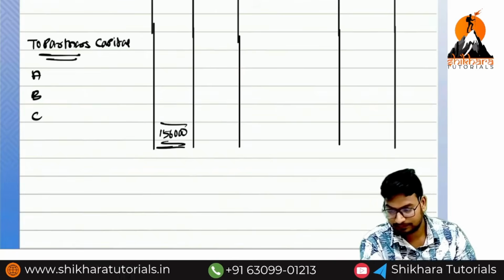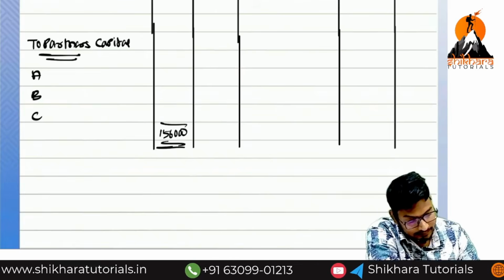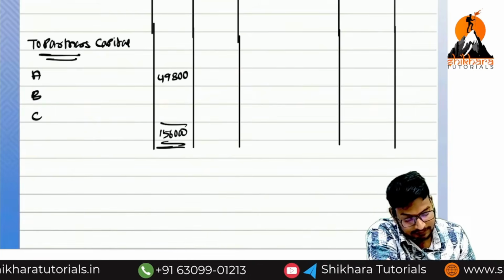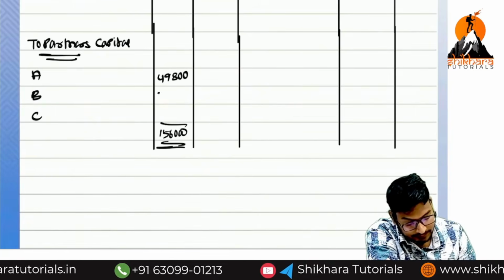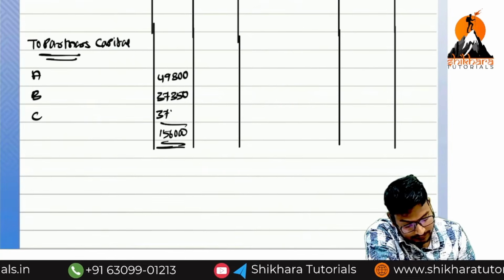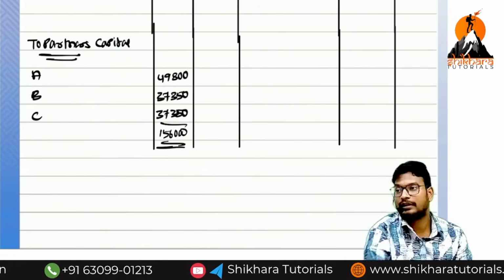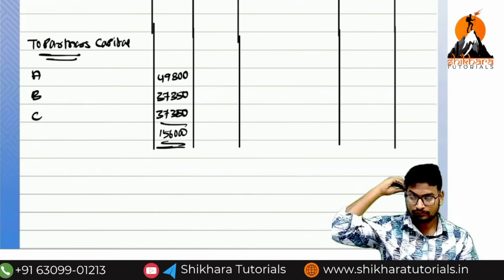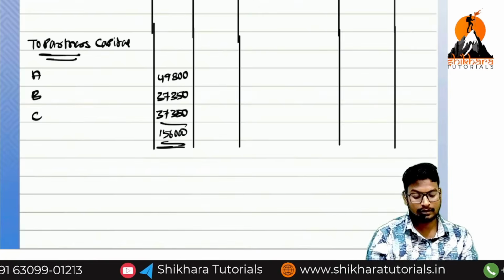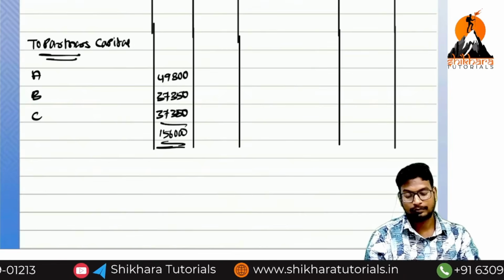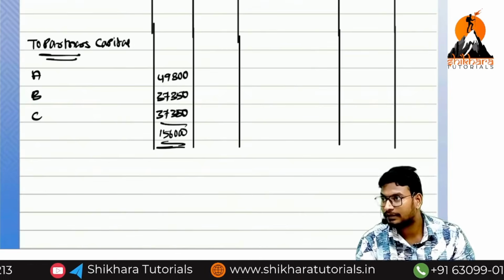That gives 49,800, then 37,350, and this is also 37,350. Go and post these amounts in which columns? Partners' current accounts.